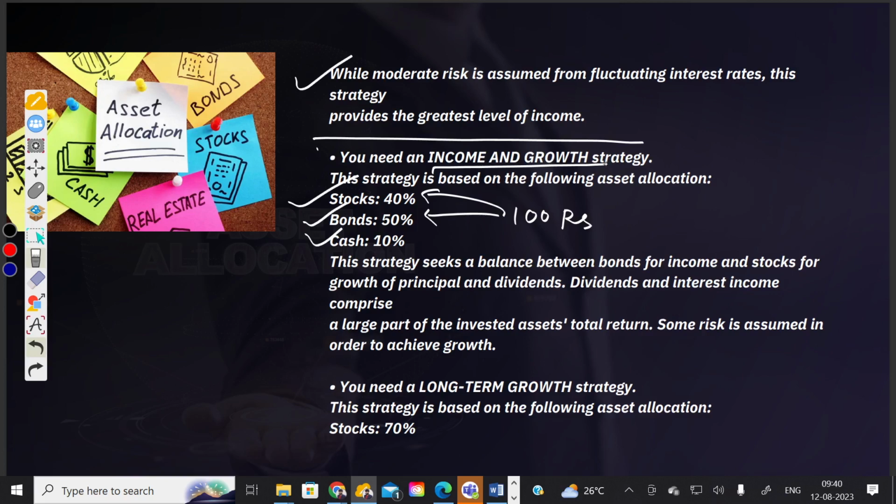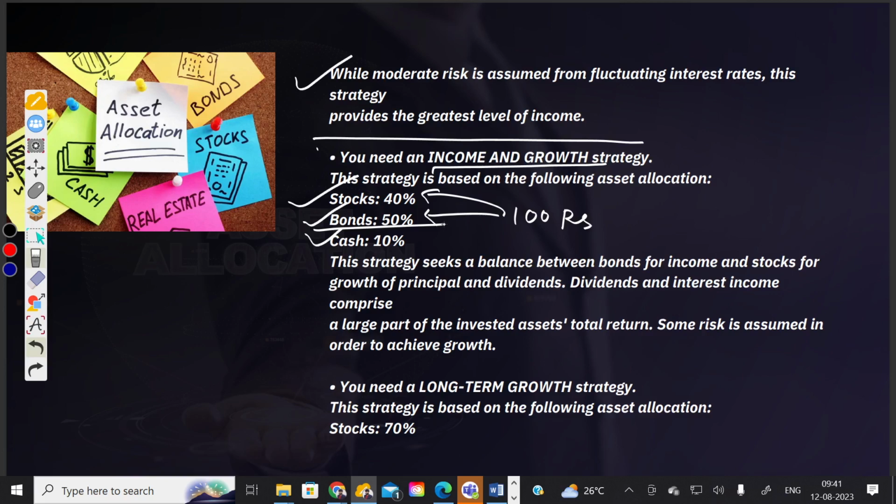And 50% investment that you can infuse in the bonds. Bonds, it means it is a kind of a balance. So on the 50% investment, you will continuously receive the interest payment, and on the 40% investment, here you might see fluctuations, maybe ups and downs, depending on the market trend, right?